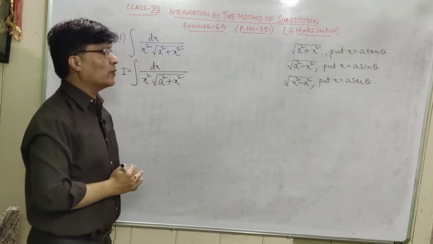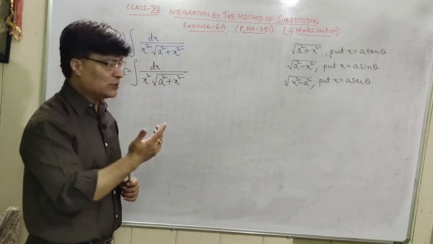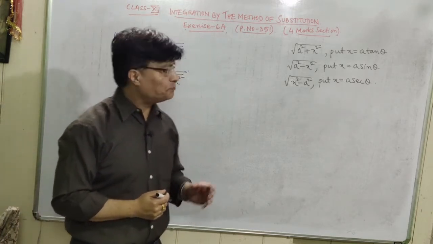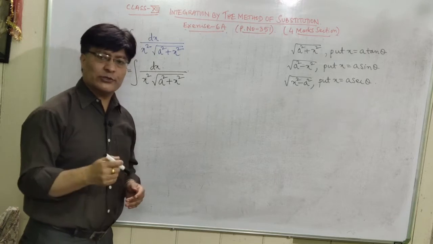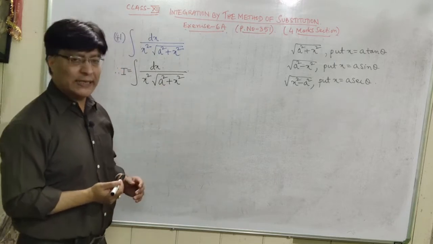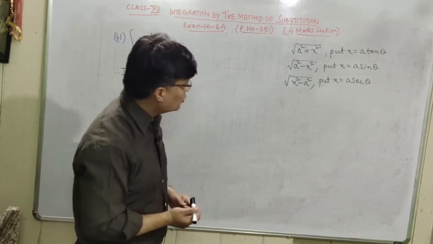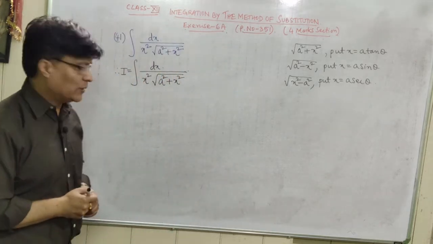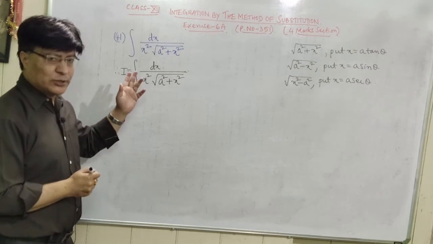So if it is root over a square plus x square, you put x is equal to a tan theta. If it is root over a square minus x square, you put x is equal to a sin theta. And if it is root over x square minus a square, you put x is equal to a sec theta. Okay.